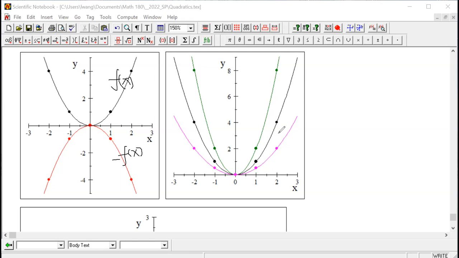And for these, this is f of x, and this is 2 times f of x. And this purple one is half of f of x.